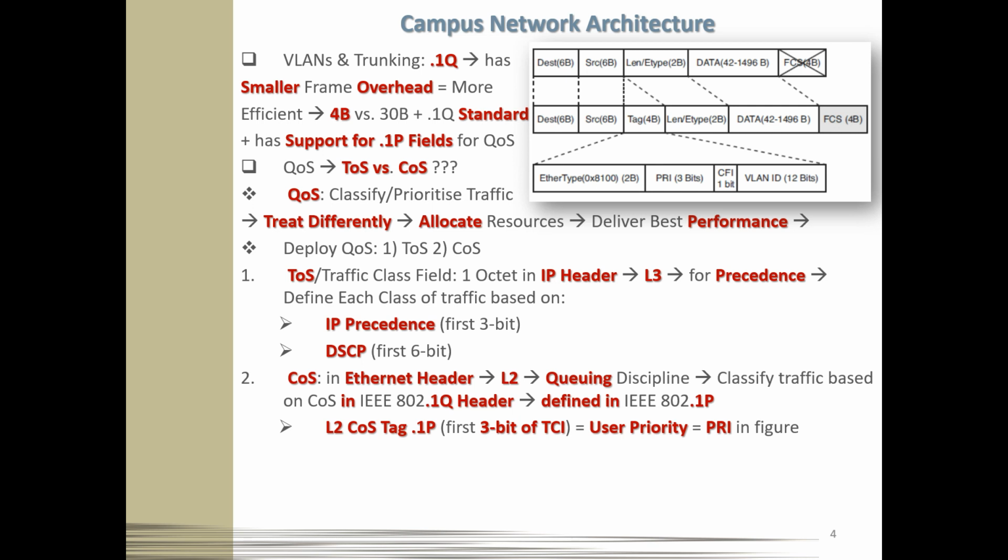And also quality of service has to do with signaling, meaning that we want to reserve bandwidth for traffic, and therefore we can have link efficiency thanks to quality of service.